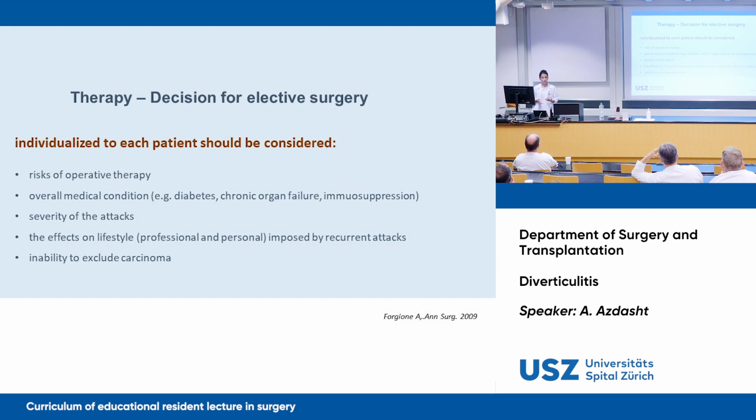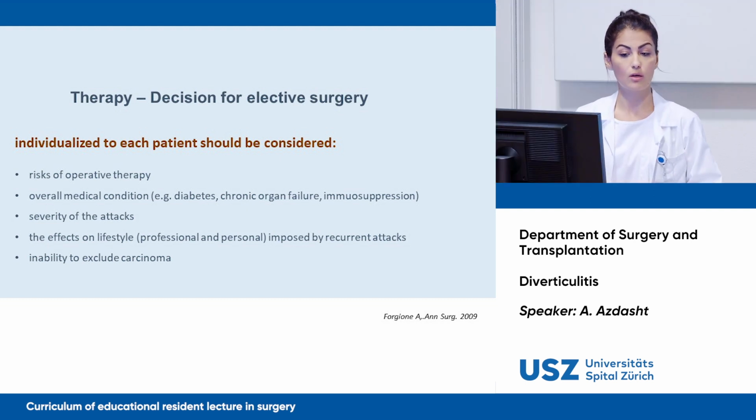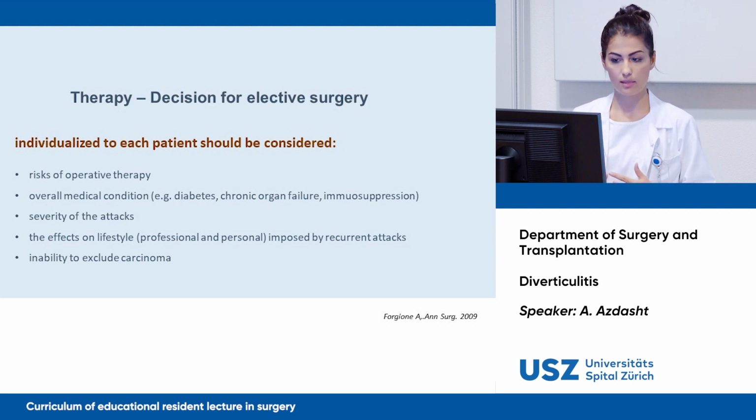So for an individualized treatment of these patients, you have to take some aspects into consideration. First of all, the risks of the operative therapy, as well as the overall medical condition of the patient, the comorbidities, and whether he's in a stable status. Also, you have to think about the severity of the attacks, and in how far the patient is affected in his lifestyle.